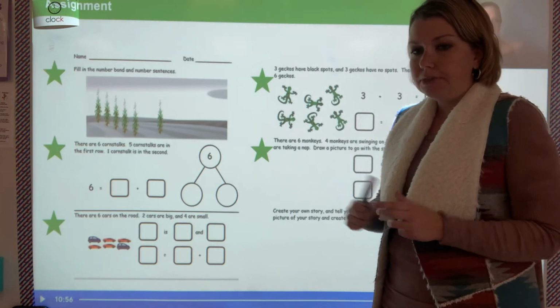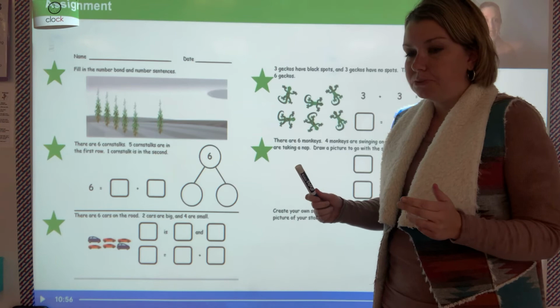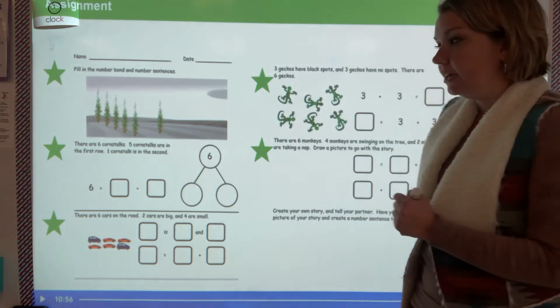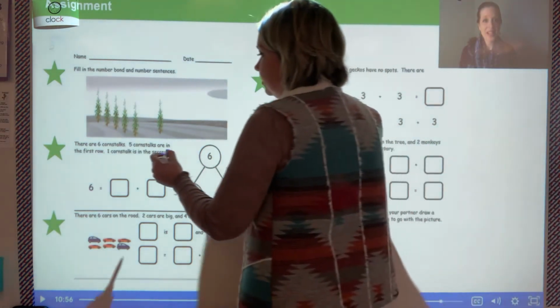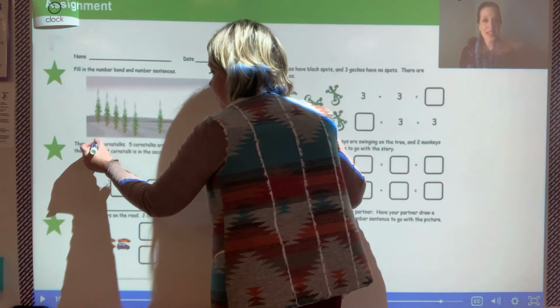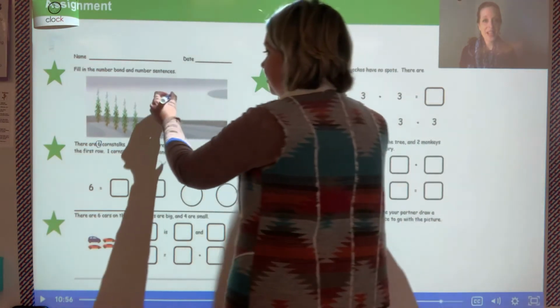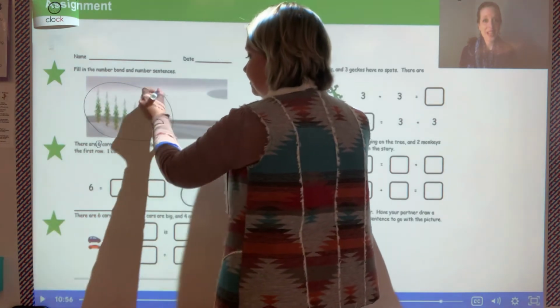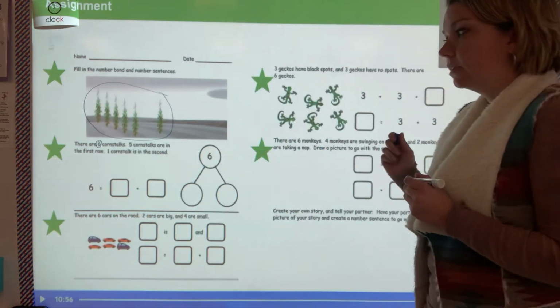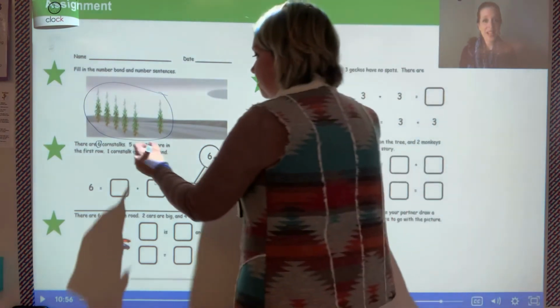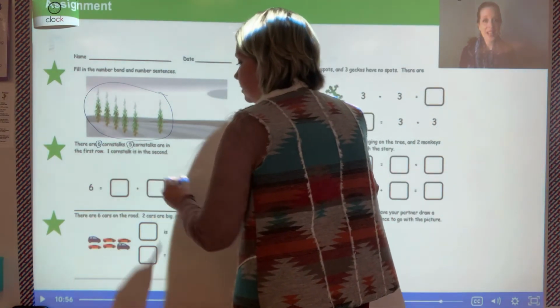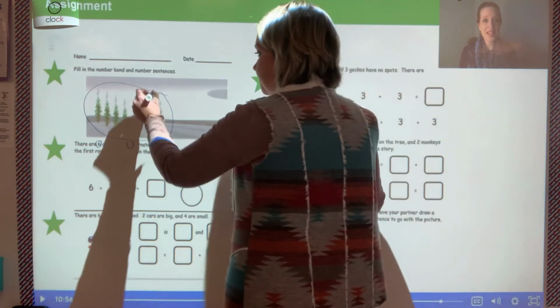So, the first thing I like to do, just like we did in the application problem, I want to circle my numbers that I'm working with. There are 6 corn stalks all together. 5 corn stalks are in the first row.